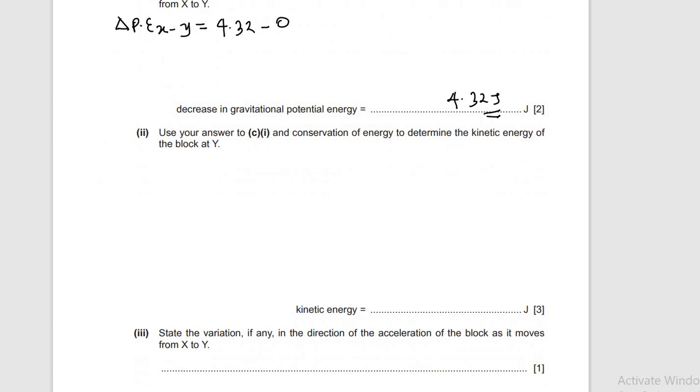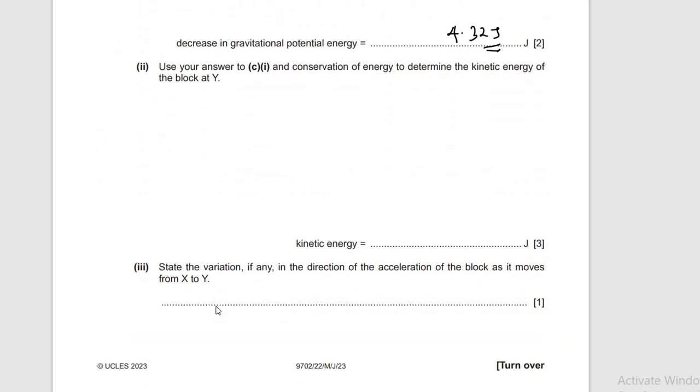The next one: use the answer and conservation of energy to determine the kinetic energy of the block at Y. Now, according to the principle of conservation of energy, total energy at X, if there are no resistive forces, must be equal to total energy at Y. What is total energy at X? Kinetic energy at X plus potential energy at X. What's total energy at Y?